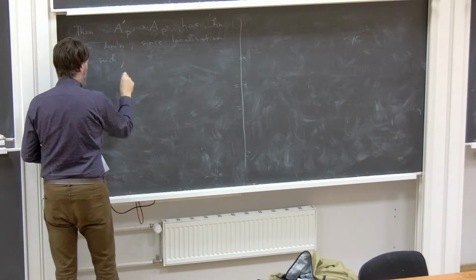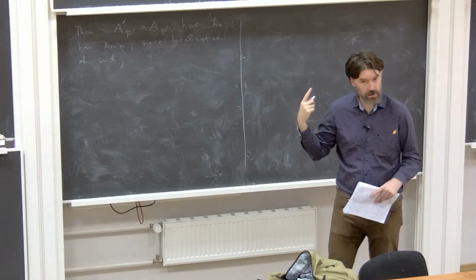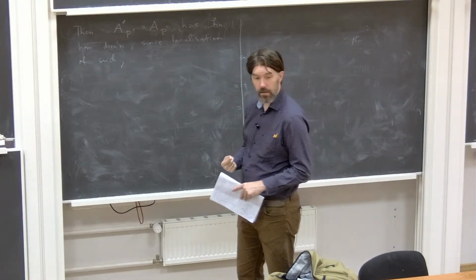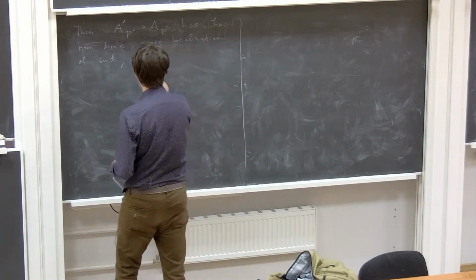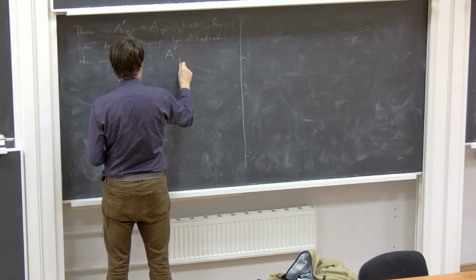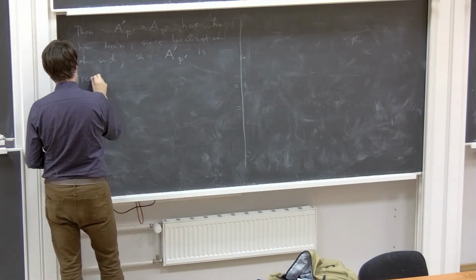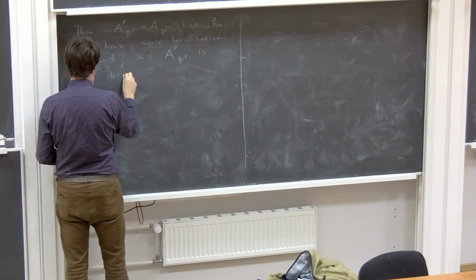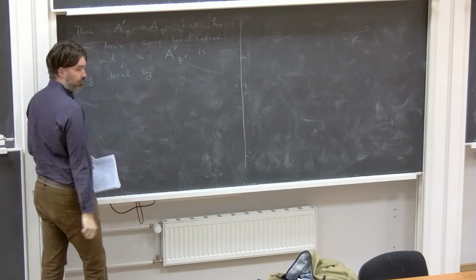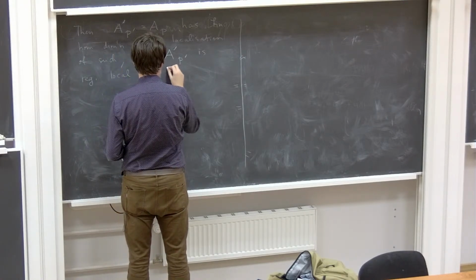And so by the theorem characterizing regular local rings, this is a local ring of finite homological dimension. It is itself regular local. So A prime at P prime is regular local by the big theorem, by our big theorem from last time.